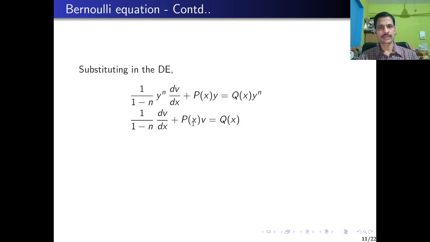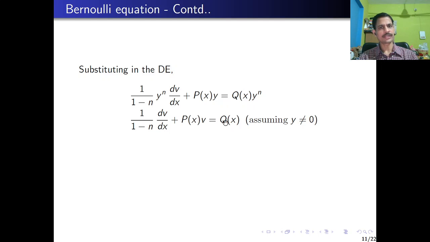Then we have p(x), then we have y multiplied by y raised to minus n, that is same as v, and then we have is equal to q(x), because we have divided by y raised to n, so this term is cancelled. So the equation that is appearing here is a linear first order ODE.